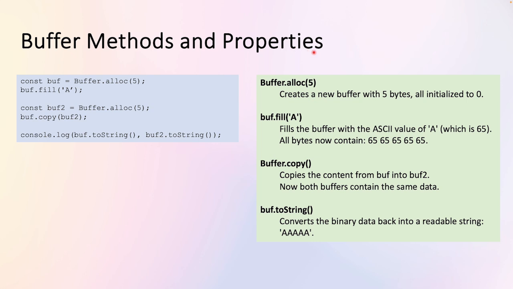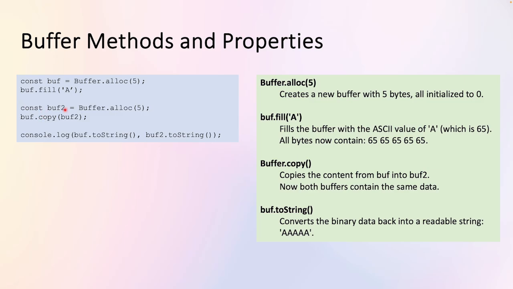Let's discuss some other methods and properties of buffer. In this small example, we are creating a buffer of length 5 bytes, all initialized to 0. Then I'm calling the fill method, which will fill the buffer with A, five times.